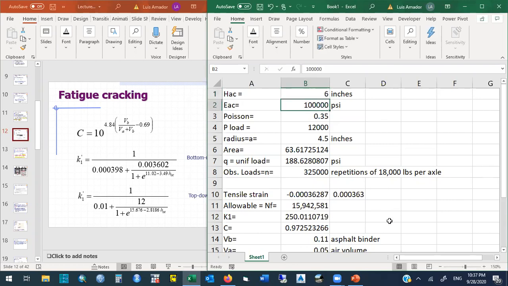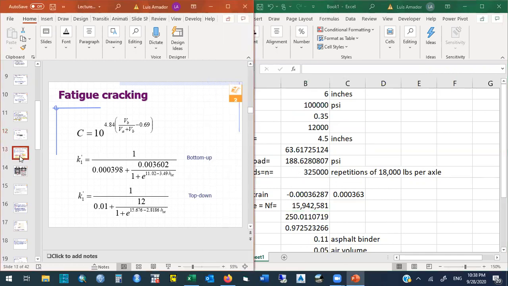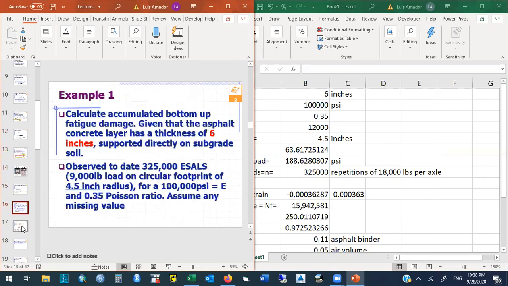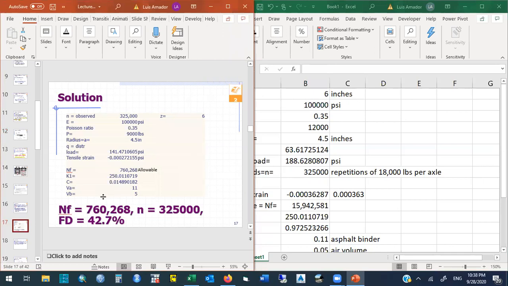But for this one in particular, I have almost 16 million, and I have observed only 325,000 repetitions. I think the one that I posted is incorrect because I probably multiplied when I was calculating this. So this is probably wrong.